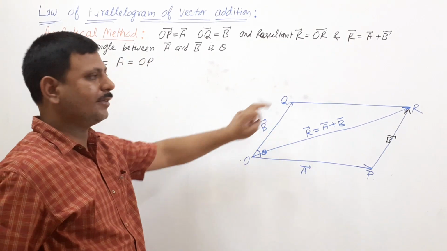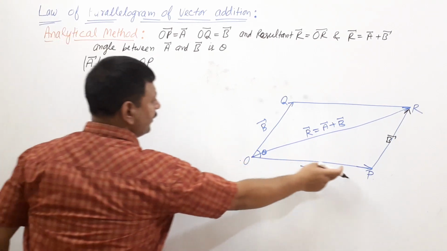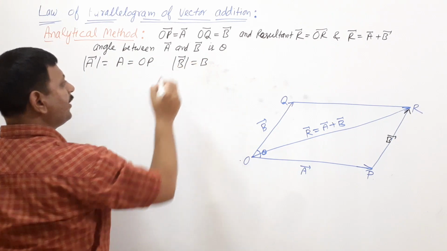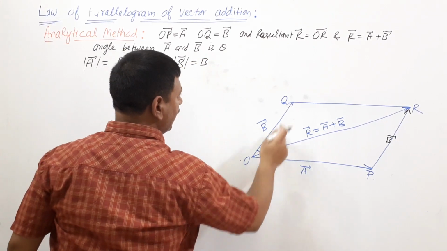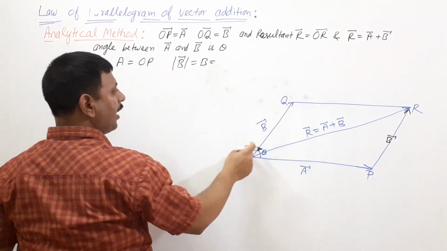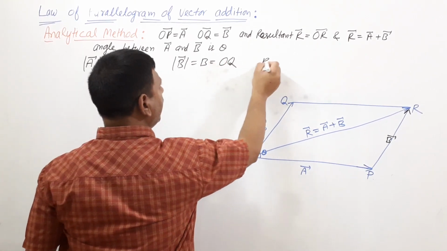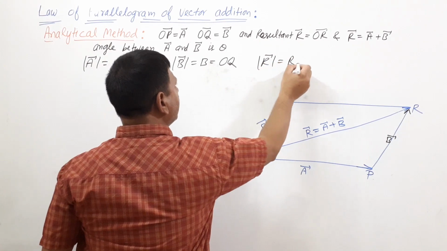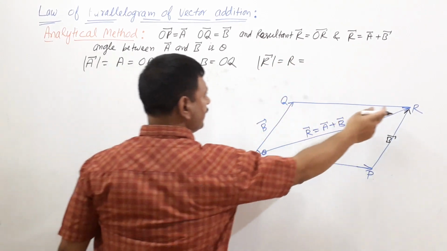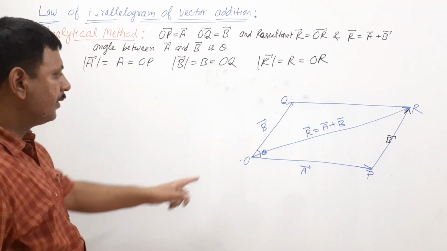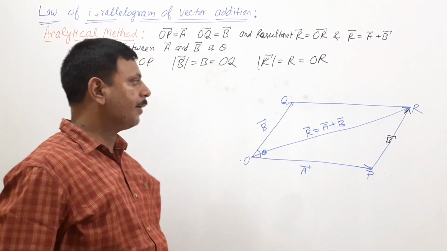In the same way, the magnitude of B I am representing by B, that is the length of vector OQ. In the same way, R is the length OR.